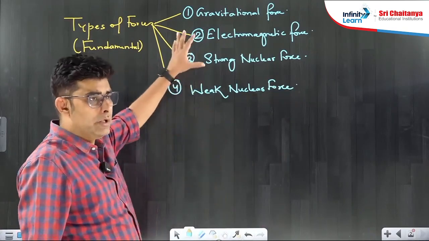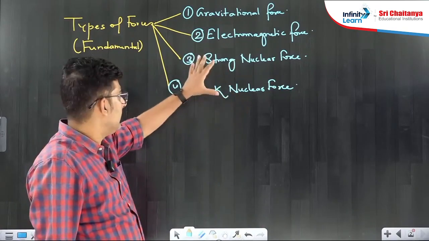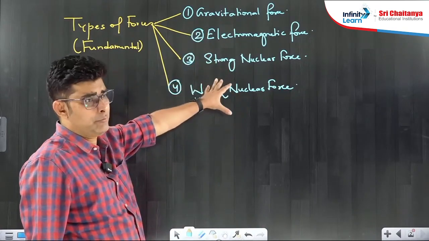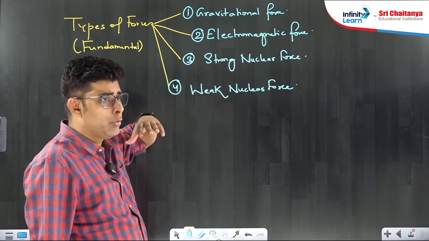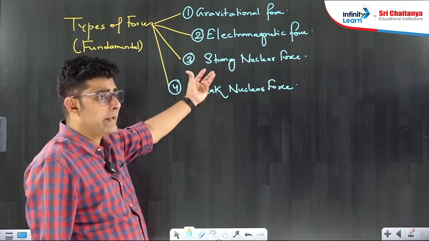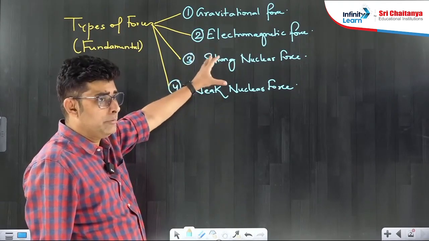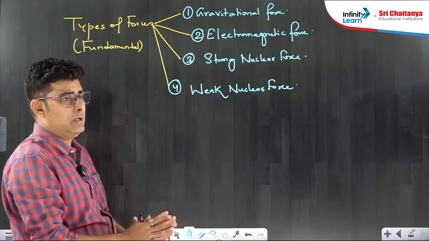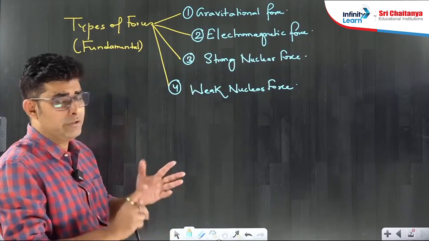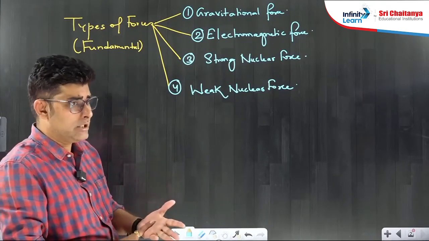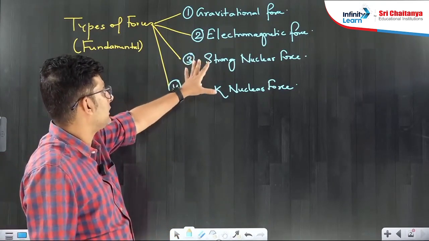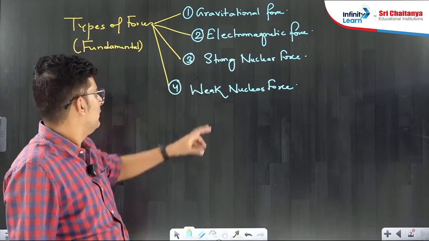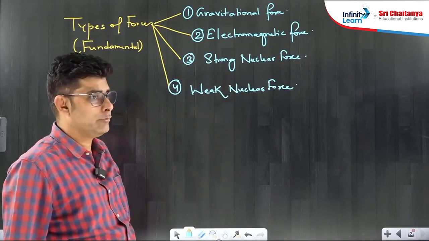We have different chapters in physics dedicated to different types of forces. Here we will not be going into the details and intricacies of the forces. We will just quickly look at them, and then move on to our main point for today, which is weight and tension force. So: gravitational, electromagnetic, strong nuclear force and weak nuclear force.